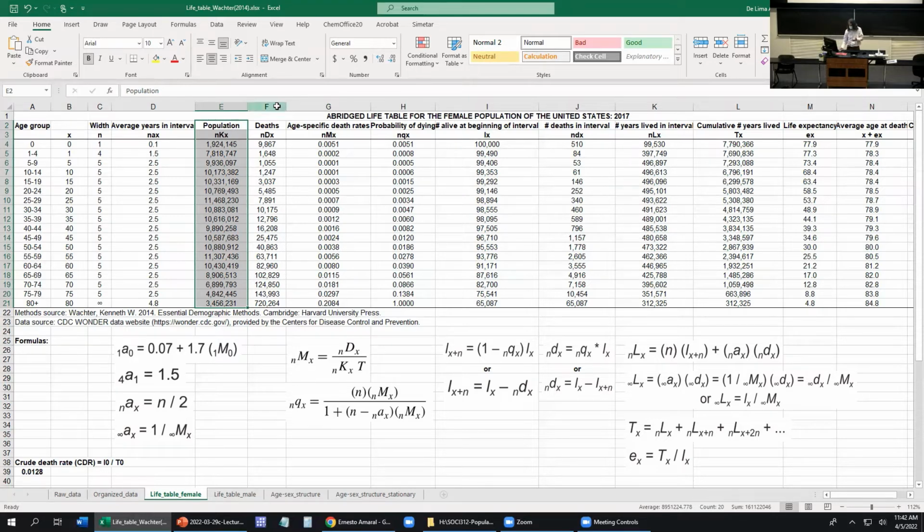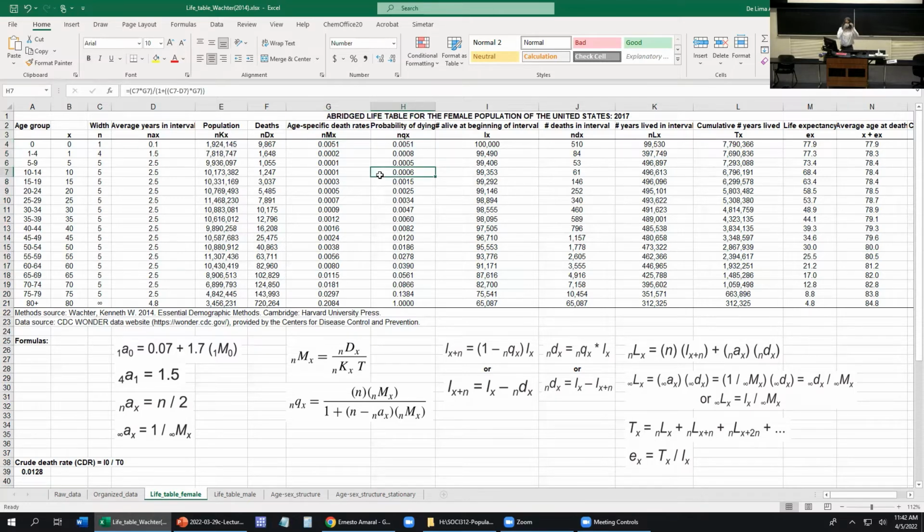So the rate's denominator is the population in the middle of the period. The probability's denominator is the population at the beginning of the period: the population at age 0, at age 1, at age 5, at age 10. So we have to make this transformation from here to here, right?